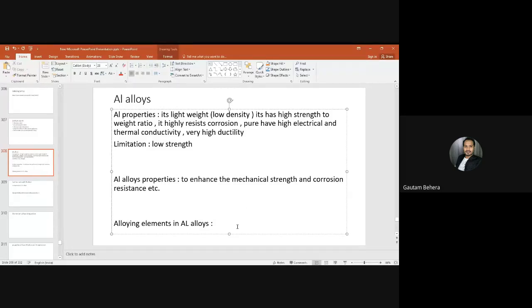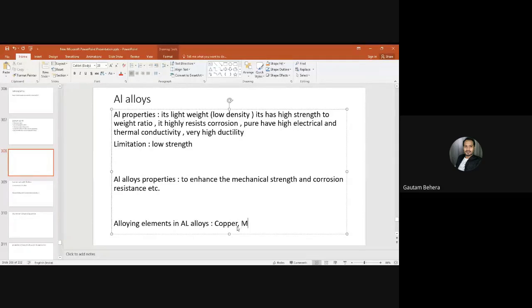Okay, what are the alloying elements present in aluminum alloys? Aluminum is very interesting because it can form alloys which have many applications. Those alloying elements are basically copper. It can form alloys with copper.